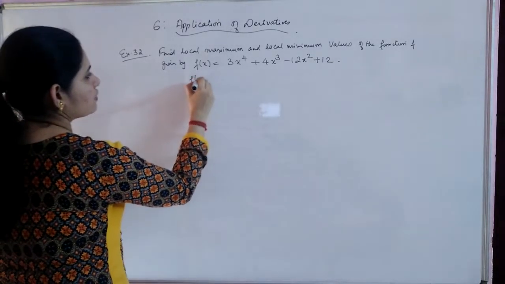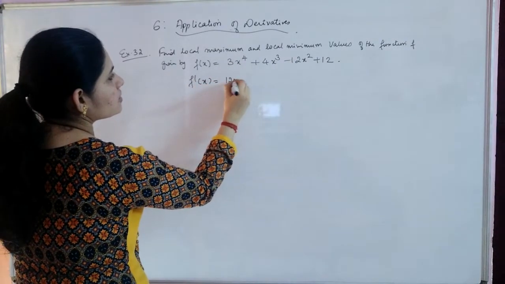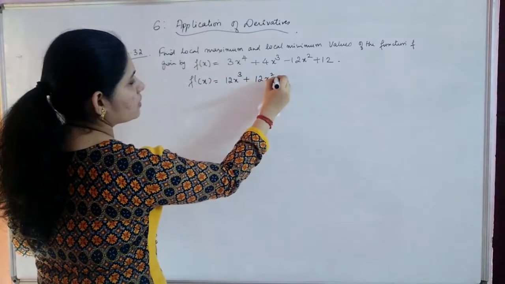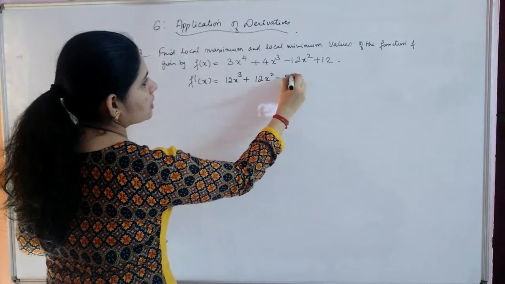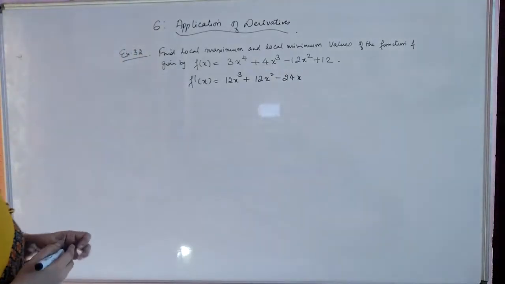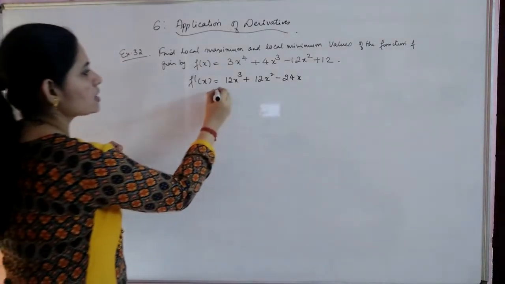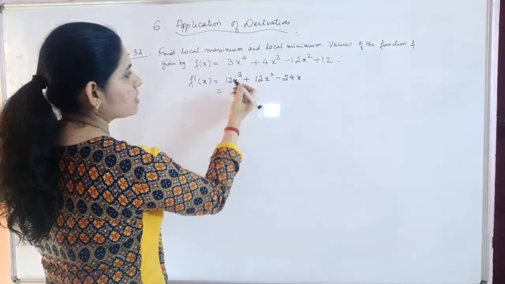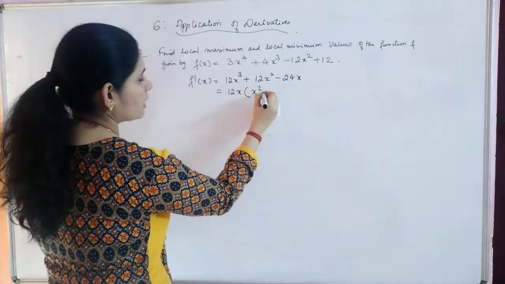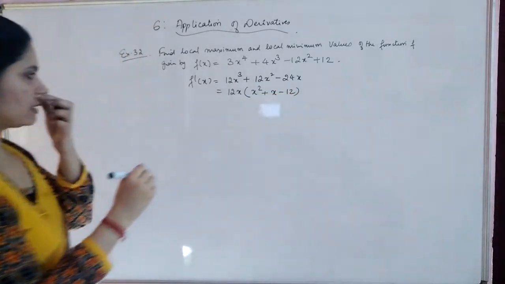So f dash of x is equal to 12x cube plus 12x square minus 24x. The 12 goes because its derivative is 0. Here you can take x and 12 common, so 12x into x square plus x minus 2.